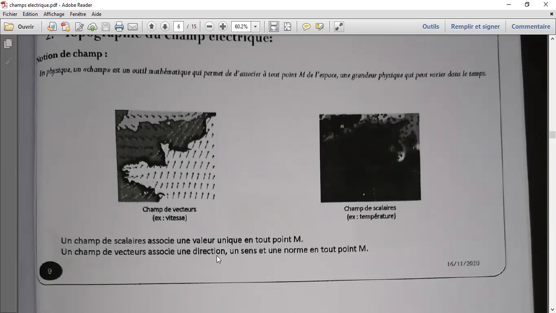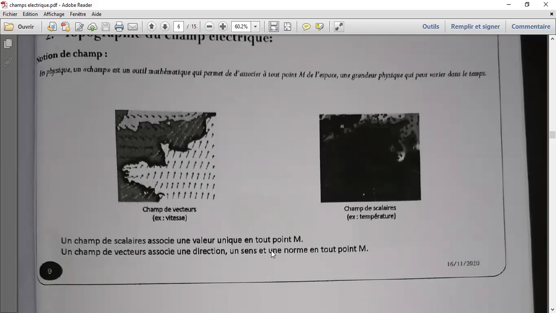So there's a champ de vecteur and a champ scalaire. Un champ scalaire associe une valeur unique en tout point M. So the champ scalaire is associated with a unique value at all points, meaning it only measures the magnitude, the size, but it doesn't show the direction.